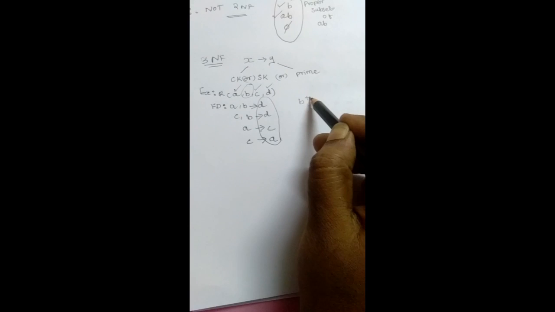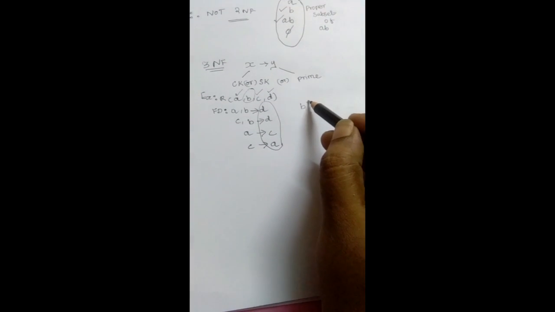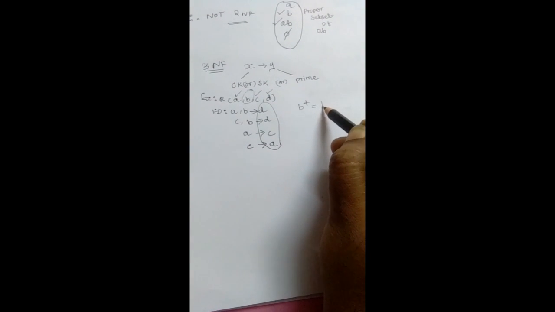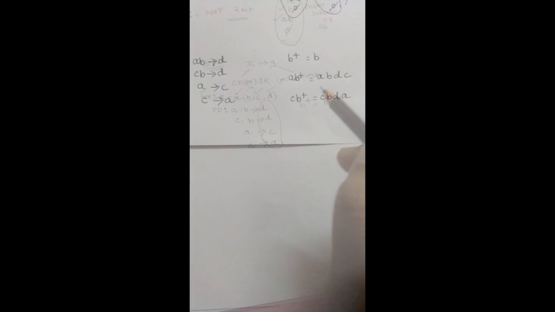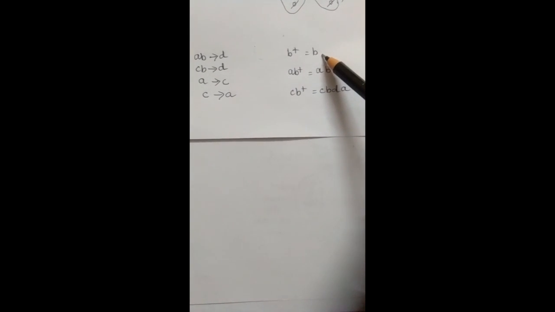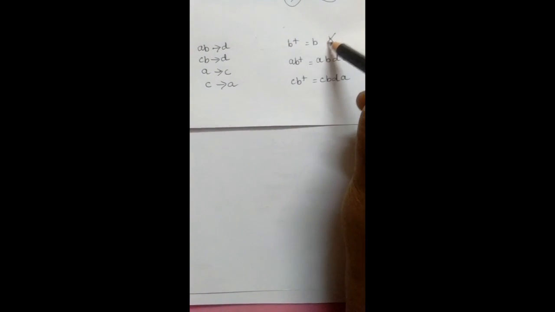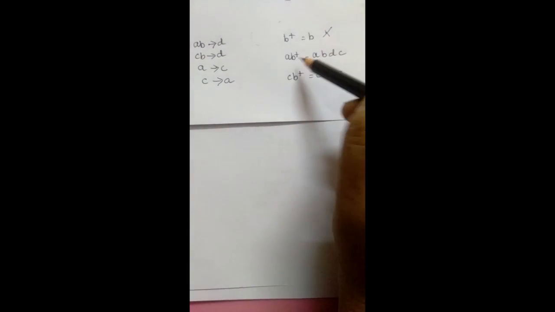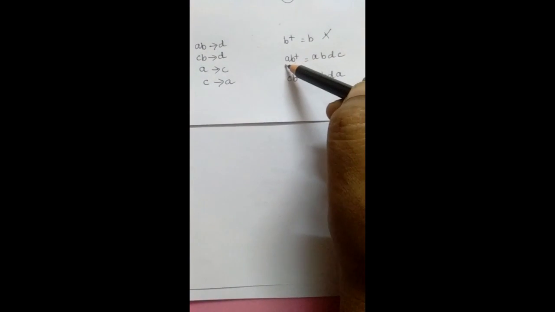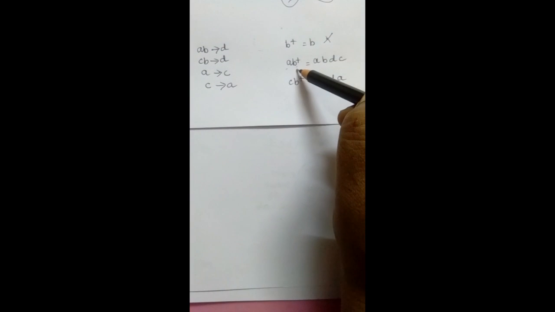Now we find B closure. With the help of B closure we can obtain only the B variable. With B closure alone, we are not able to find all four variables A, B, C and D. Therefore, it is not a super key or candidate key. Now we combine B with the A variable and find AB closure.